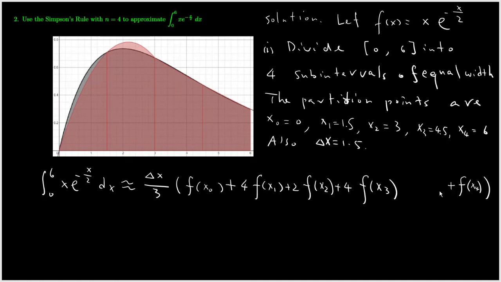And then plus the very last term, which is the value of the function at x4. This is the formula of Simpson's rule for this particular case.